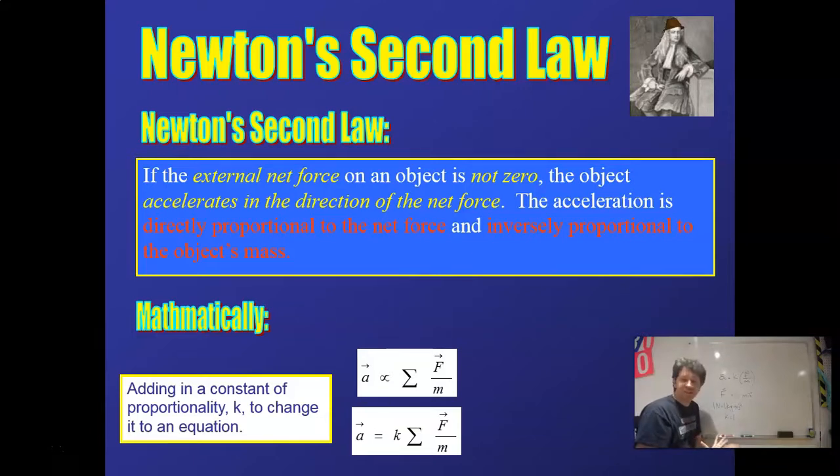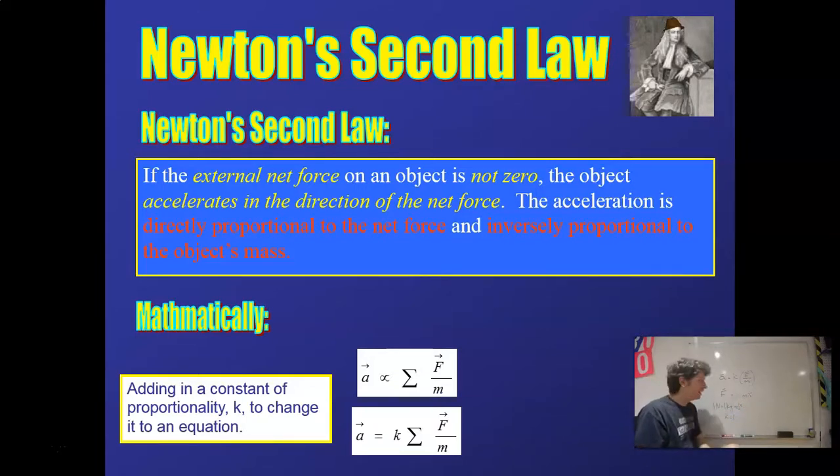Now, if you use different units, like in the States, they'll say mass is pounds, and acceleration is feet per second squared. Then they end up with something they call pounds of force. And they simply say 1 pound of force is equal to 1 pound times a foot per second squared.